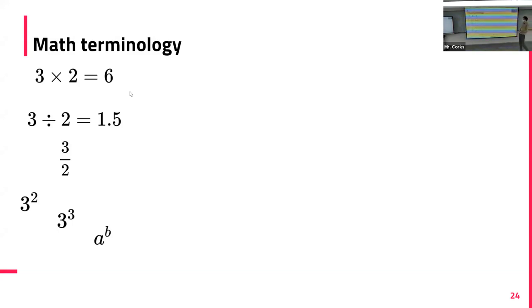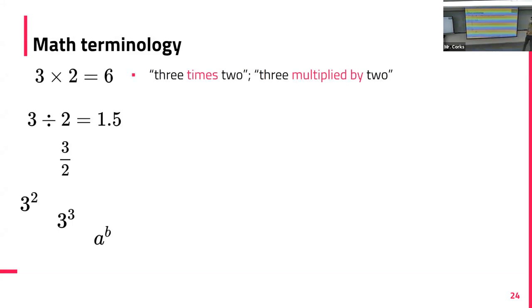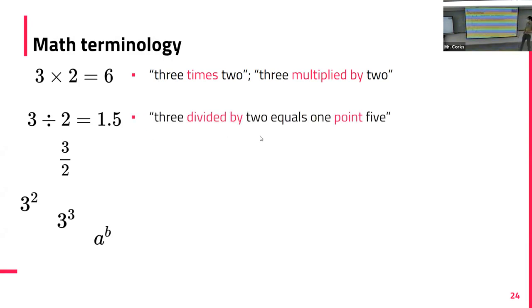Okay, first thing, how do we read this first one? Okay. You multiply it by 2. So 3 times 2 or 3 multiplied by 2, both are fine, and then equals 6 or is 6. The next one, how do we read this? Okay, 3 divided by 2, and then, okay, 1.5. So not everyone knows how to read the decimals.